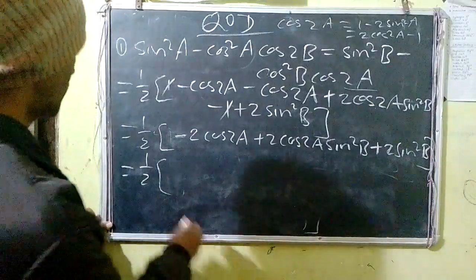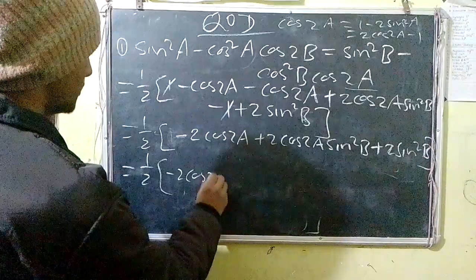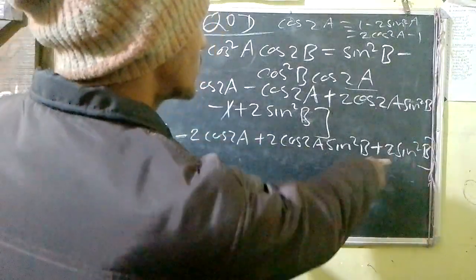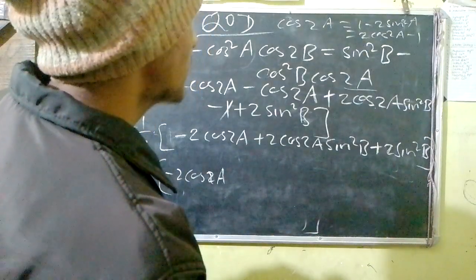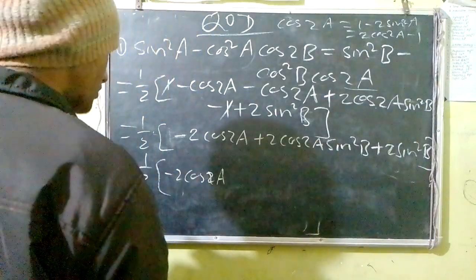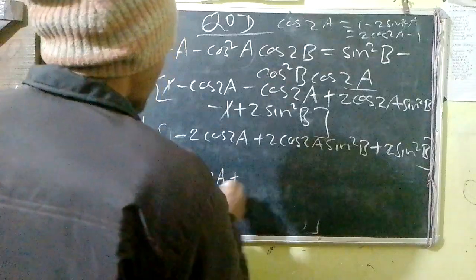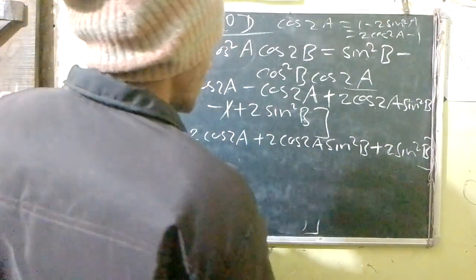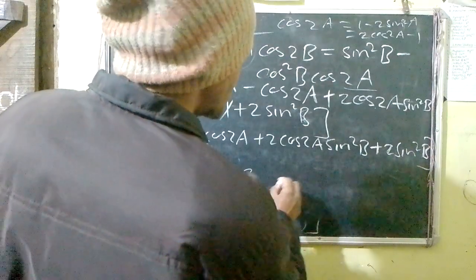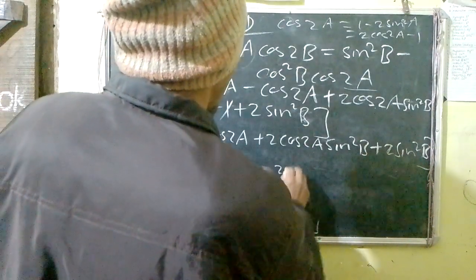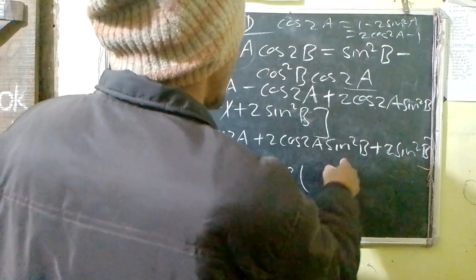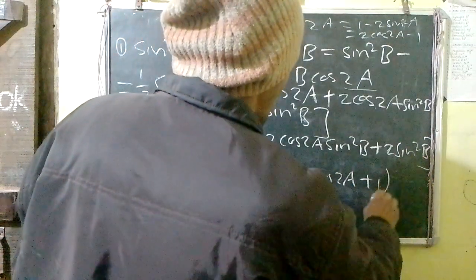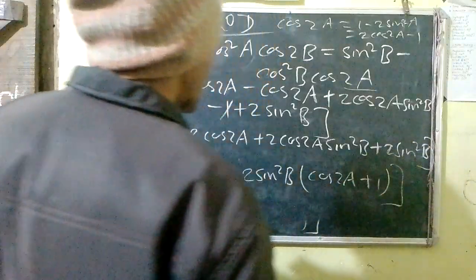First, let's write minus 2 cosine 2A as it is, and let's take 2 sine square B common. If we have 2 sine square B common, we're left with cosine 2A plus 1. Did it make sense?